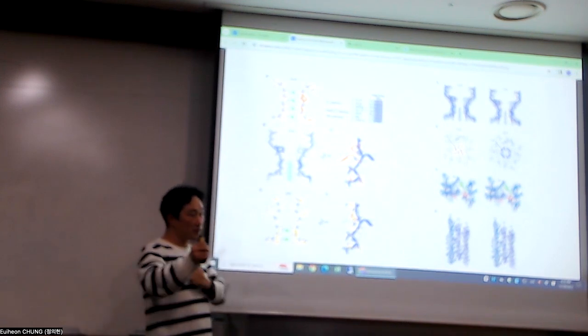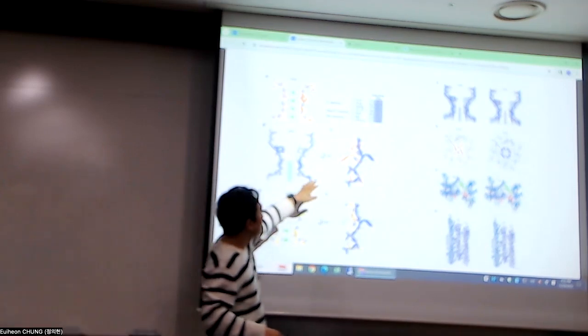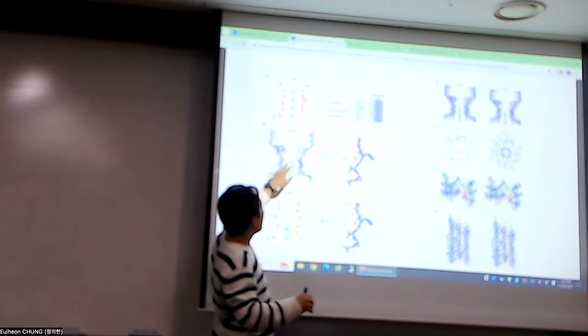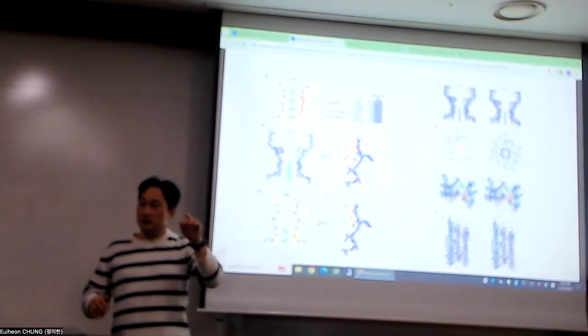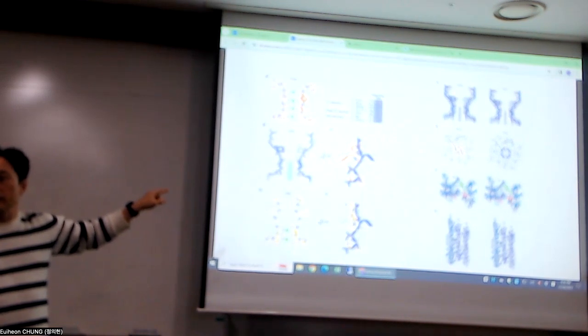And this rotation pulls the widening in this structure, chambers 1 and 2.